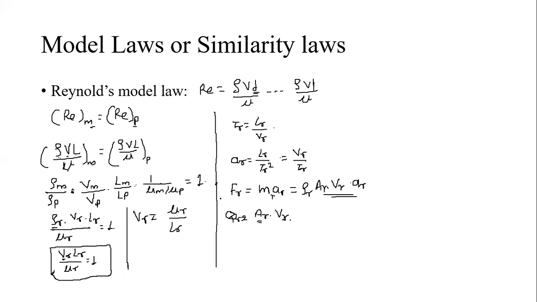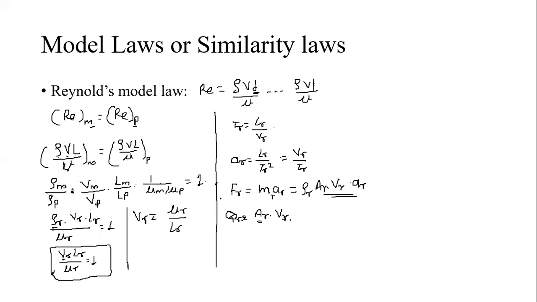When we have to go for the Reynolds model law, whenever the dominating force or the fluid condition given to us has a dominance of the viscosity force, then for the preparation of the model of that prototype, we need to go for the Reynolds model law. By applying it, we will be able to predict the various dimensions of the prototype from the various dimensions of the model.